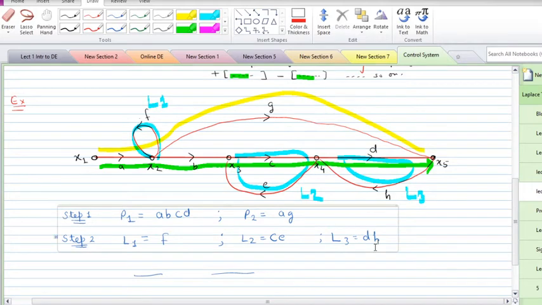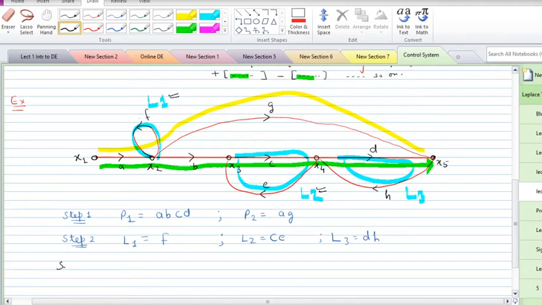Now in the next step, you have to find the possible pairs of non-touching loops. Here you can see that loop 1, L1, is non-touching to loop 2. This can be easily found by searching for a common node: there is zero common node between L1 and L2, that's why they are non-touching.